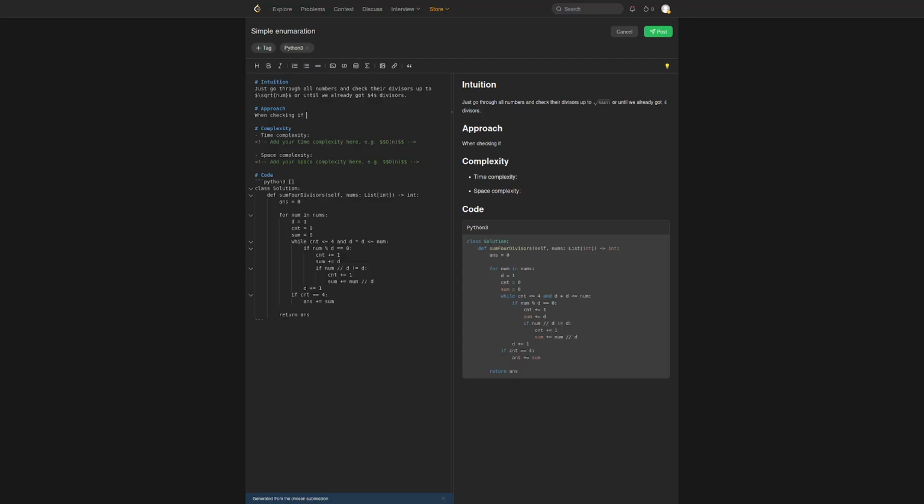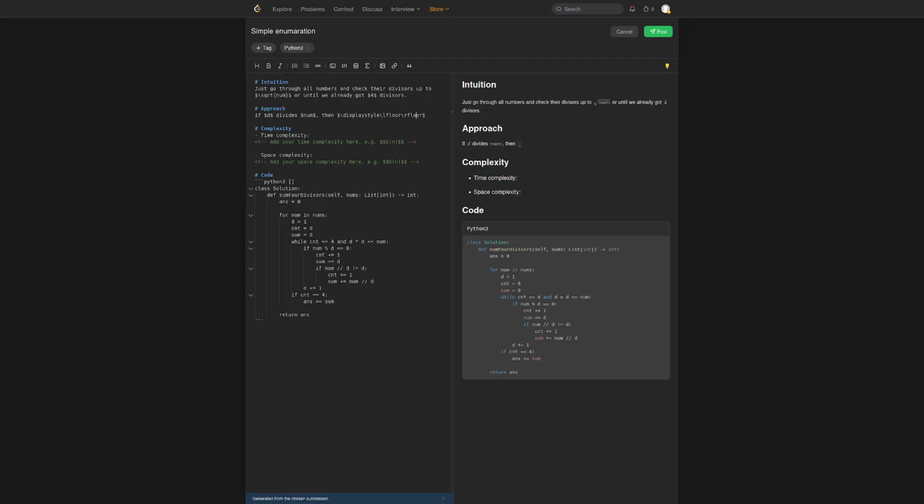When checking if D divides num, then num divided by D, the floor, I'm not even sure what I'm doing.